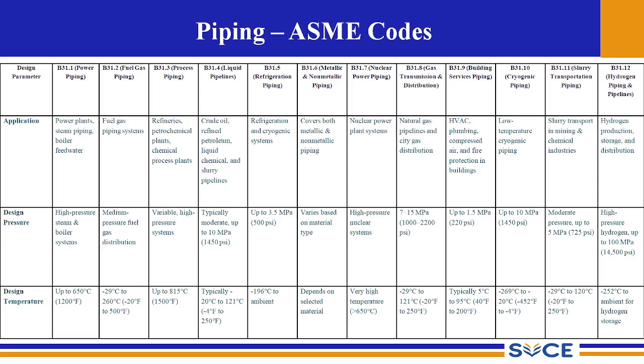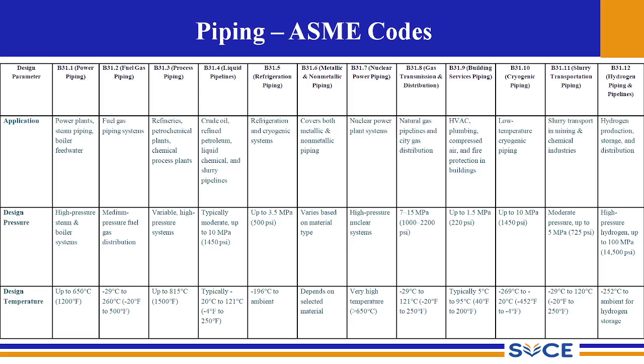Next is B31.8. This is the gas transmission and distribution pipeline networks, and the design pressure for this code is 7 to 15 megapascal, and the design temperature is minus 29 degrees centigrade to 121 degrees centigrade.